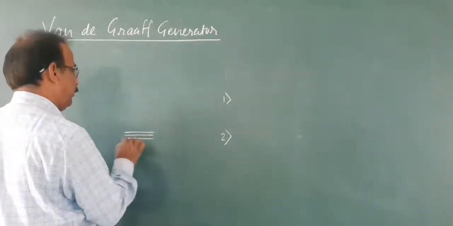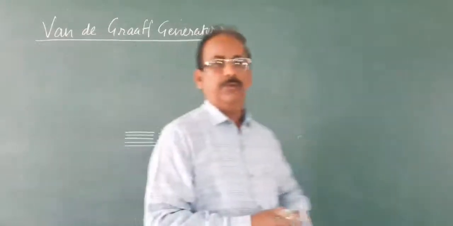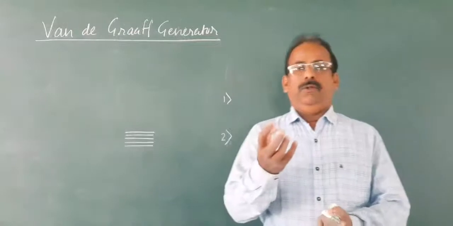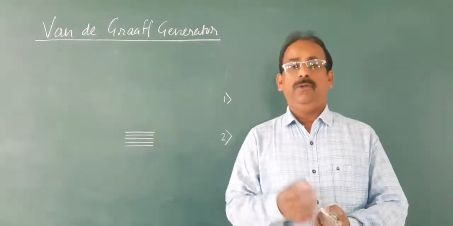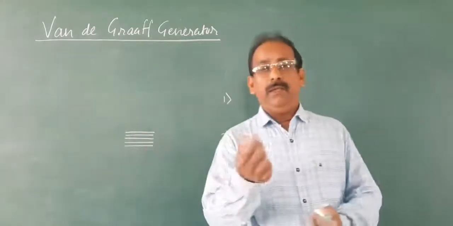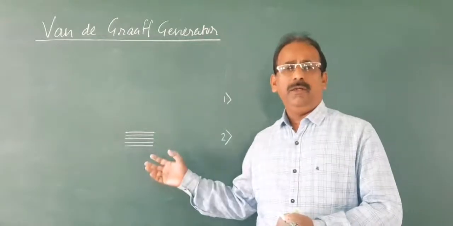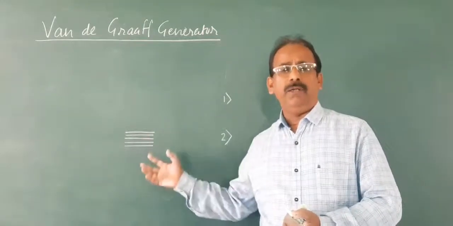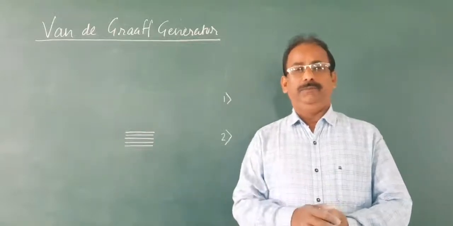Pointed conductors means a group of conducting wires. A conducting wire is a pointed conductor. Take a group of pointed conducting wires.